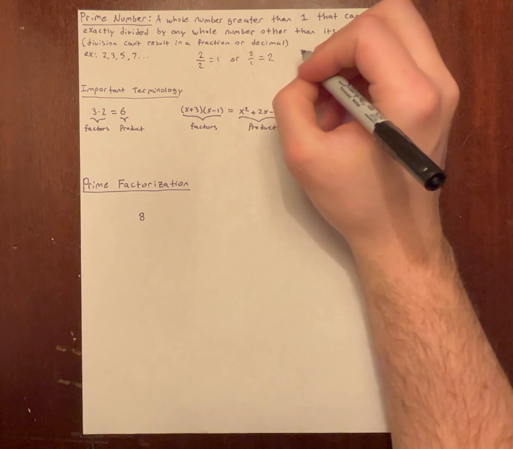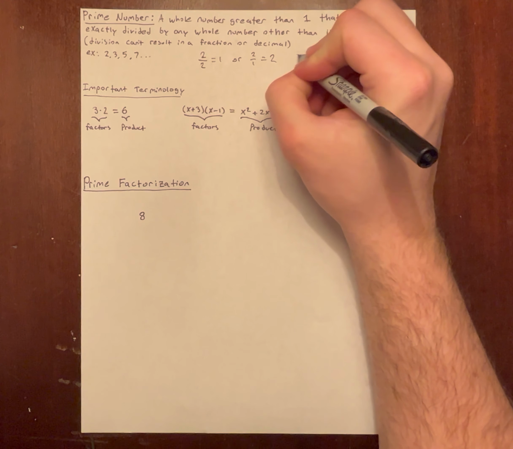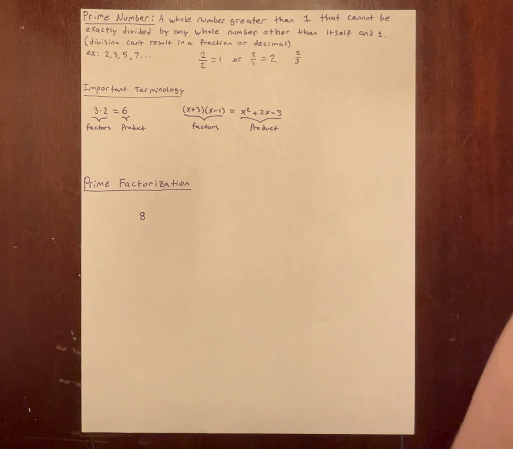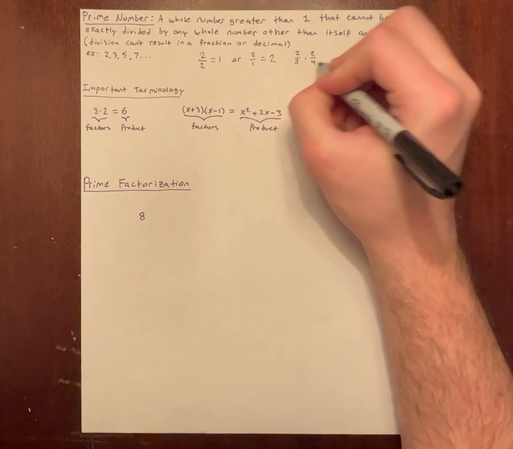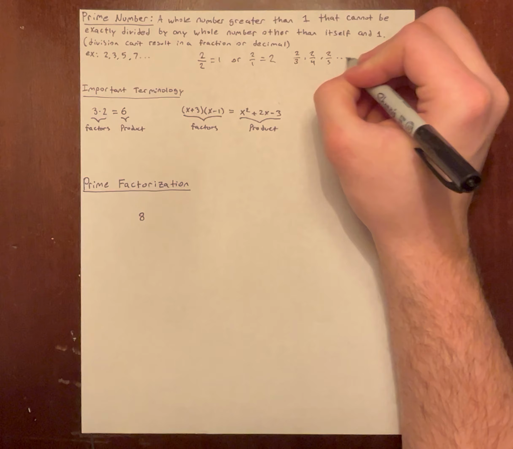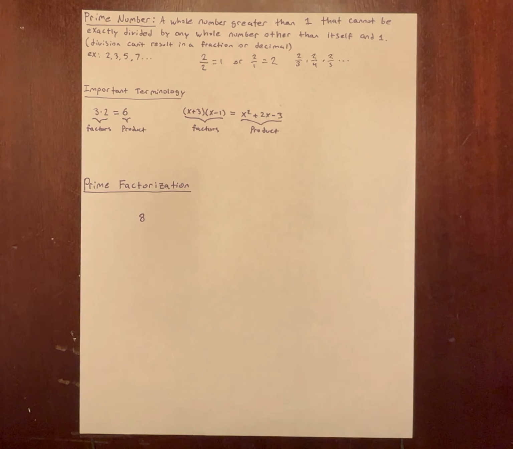So if I divide 2 by 3, that's not a whole number. If I divide it by 4, it's not a whole number. 5, not a whole number. On and on and on. You could not tell me a single other number other than 2 and 1 that 2 can be divided by and still get a whole number. So that's what makes 2 prime.